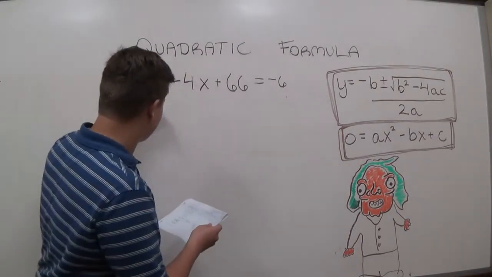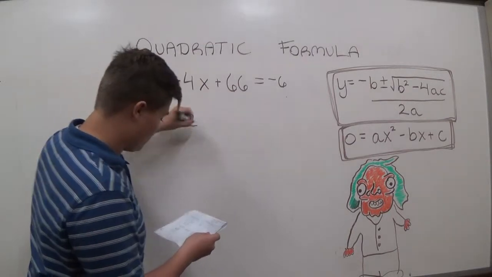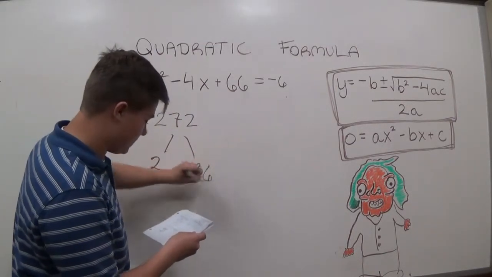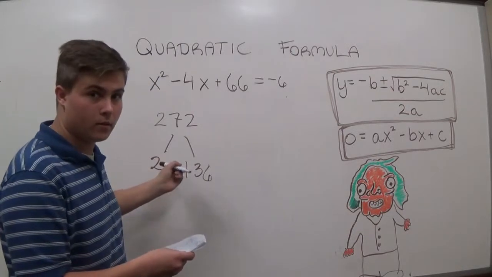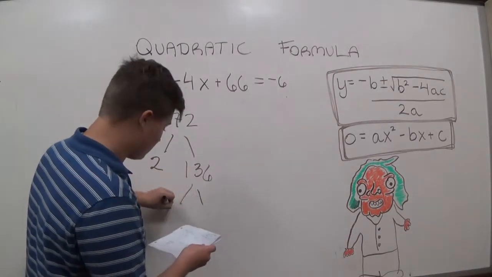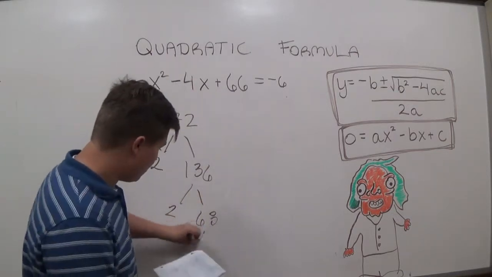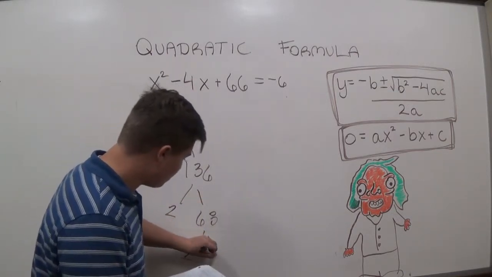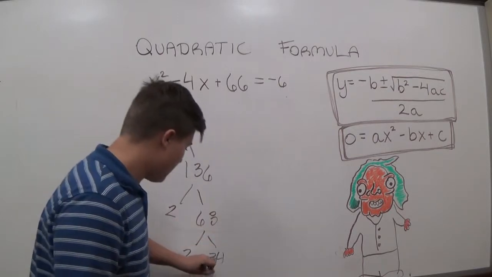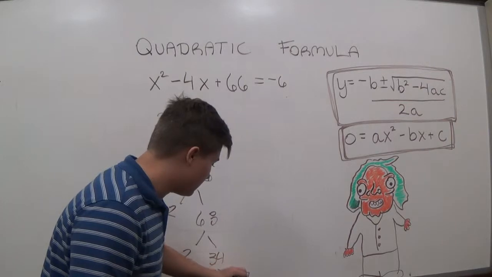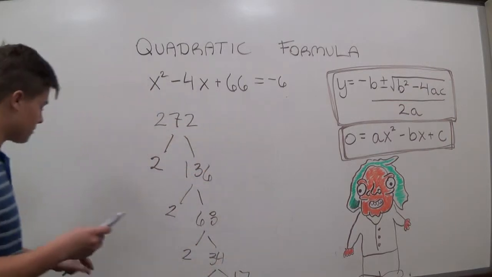We're going to think about that. 272 divided by 2 is 136. I want you doing this with me too. I don't want to just be doing the work. 68. 34. And 2 and 17.